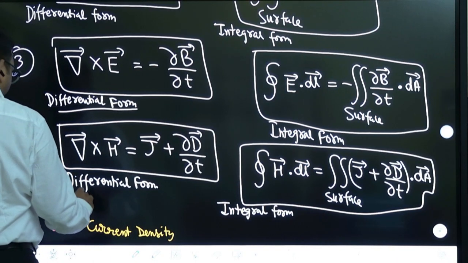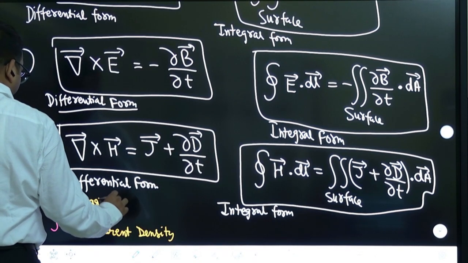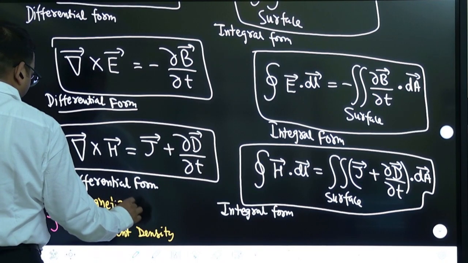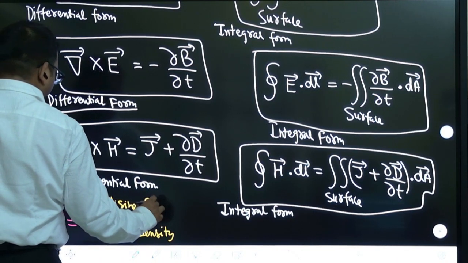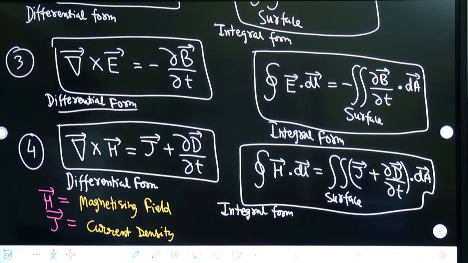H vector is the magnetizing field, which is nothing but n into I, but it is a vector.